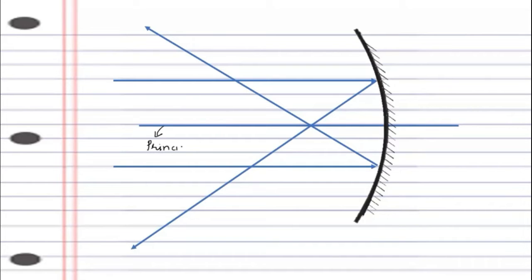principal axis. See, we know x-axis and y-axis, no? This is called the principal axis. Look at the spelling, not principle. Okay? Principal axis. And the point where it is met is called the principal focus.